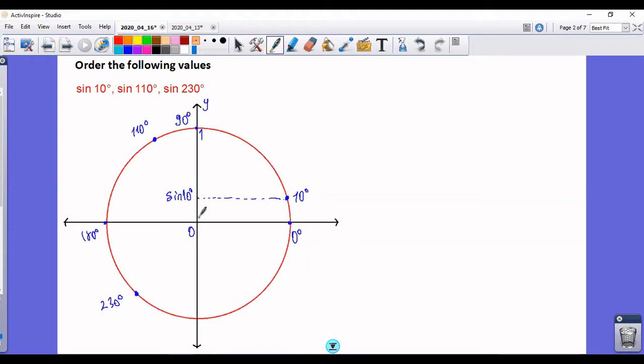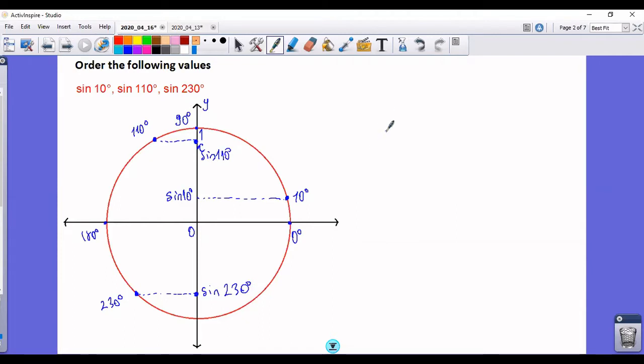This point is going to be sine of 110 degrees, and the y-coordinate of this point is going to be sine of 230 degrees.